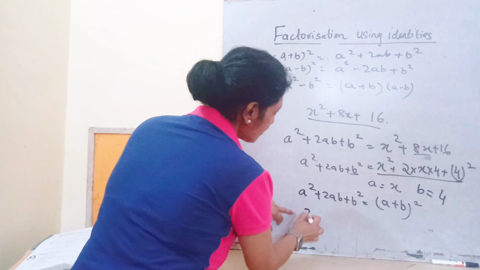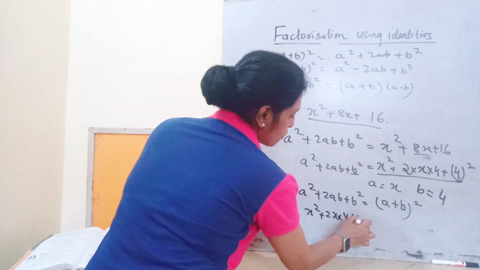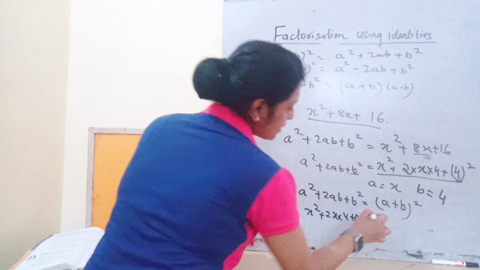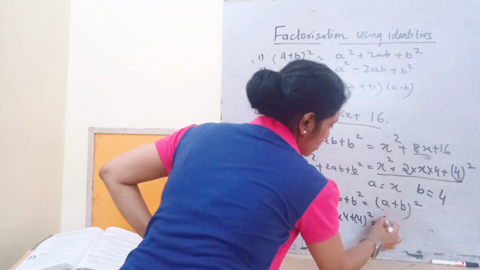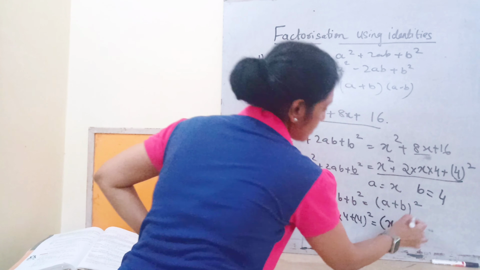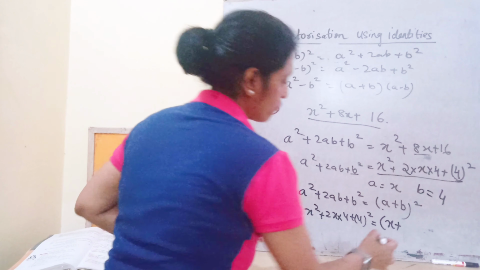Similarly, x square plus 2x into 4 plus 4 square can be written as, here children, a we have taken as x. So in place of a we will write x, and in place of b we will write 4.